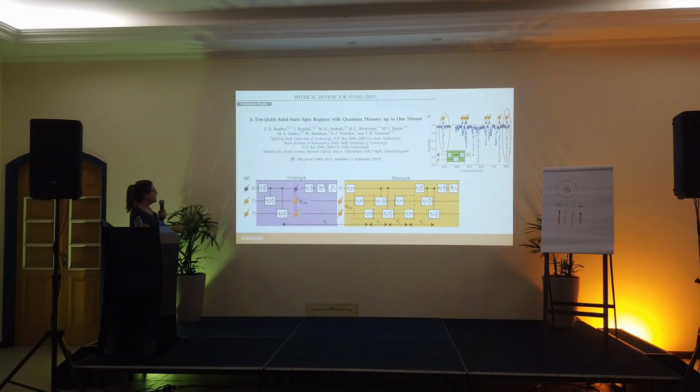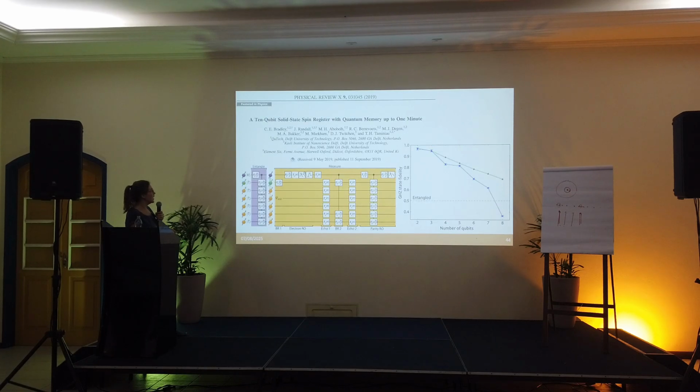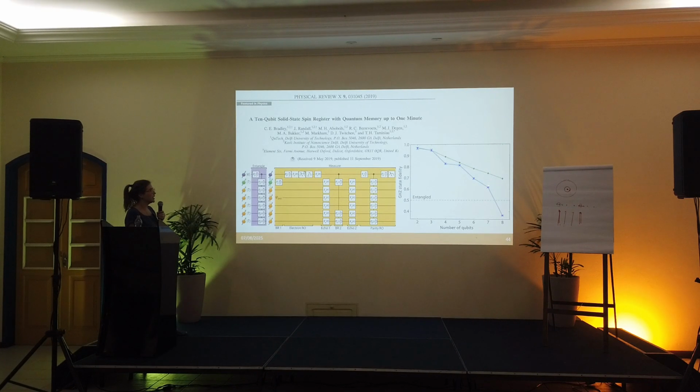You can extend this further, so you can create a GHZ state for these 3 qubits, the electron spin and the 2 nuclear spins, perform measurements that project this onto a Bell state, and then go through the same type of protocol in order to measure each of the qubits. They've done that up to 7 qubits. That's where they can still show that you have some entangled state.